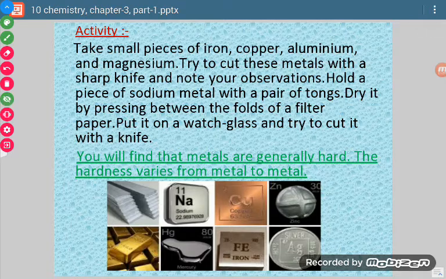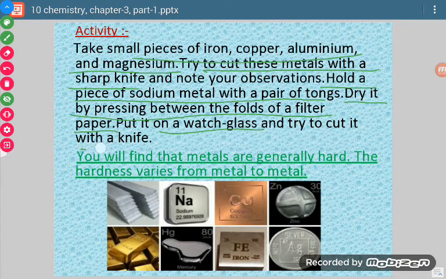Now one more thing. We have taken small samples of the different metals. We will try to cut these metals with a sharp knife, and now we will observe what happens. If we hold a piece of sodium metal with a pair of tongs, then after drying it in a filter paper, if we try to cut it with a knife after putting it on the watch glass, we will find that it can be cut easily, but other metals cannot be cut easily.